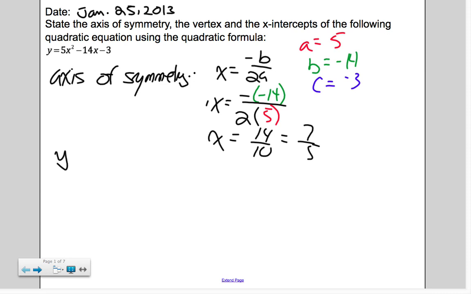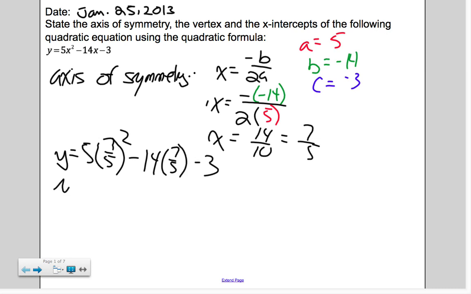So here we get y is equal to 5 times 7/5 squared, minus 14 times 7/5, minus 3. Okay, so 7/5 squared is just 7 squared, which is 49, over 5 squared, which is 25, minus 14 times 7 is 98, over 5.